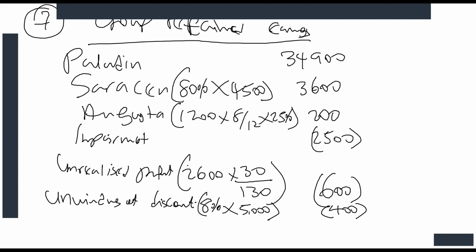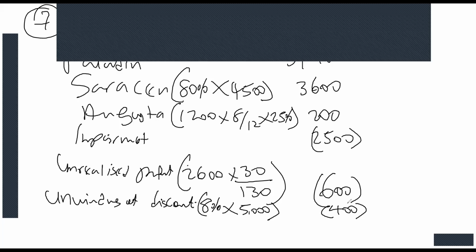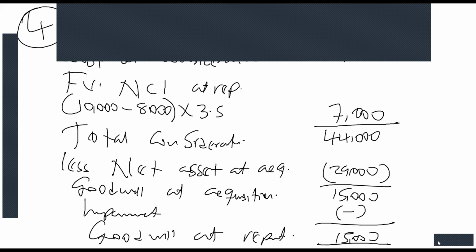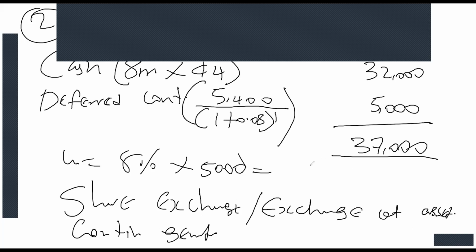Now, the total figure goes to current liability as owing. You add back the unwinding of the discount to the present value of the consideration. That will become the liability at the end of the period.